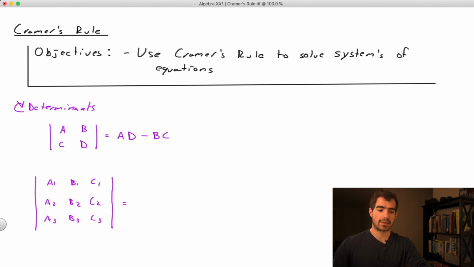More or less, the way that this one worked is we would start with the first value in the first row, cancel out the elements in the same row and same column, and find the determinant of the matrix of the elements that were remaining.